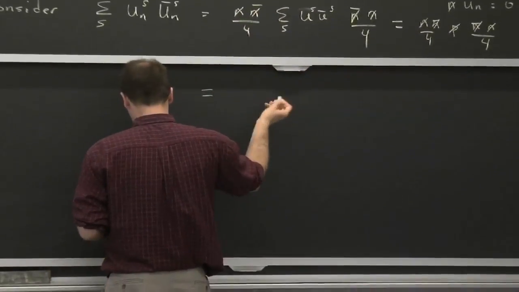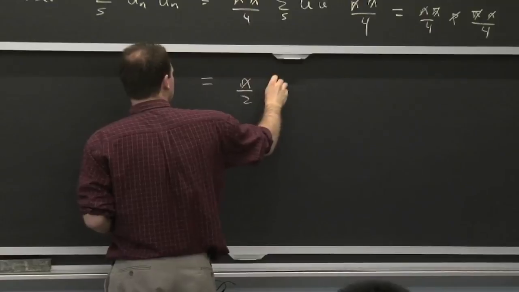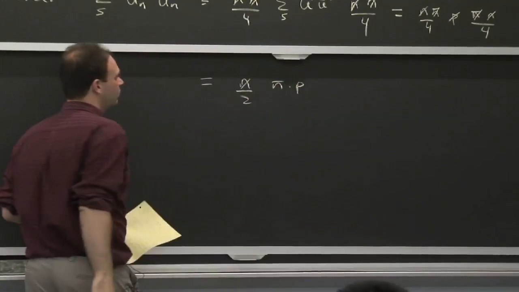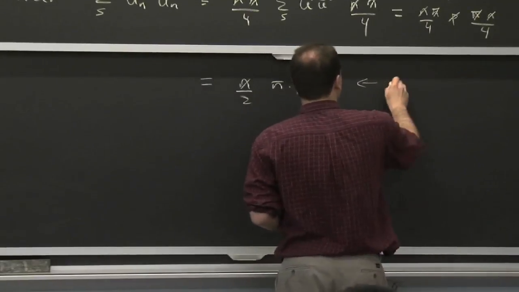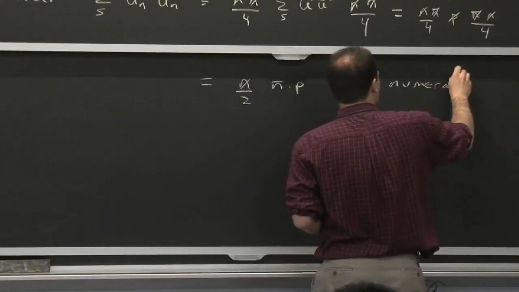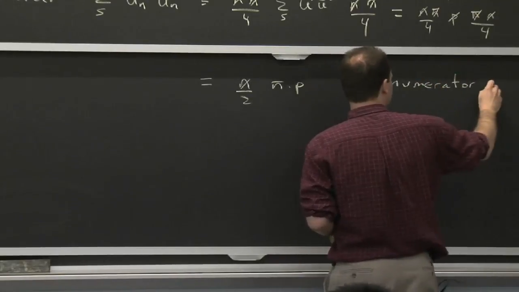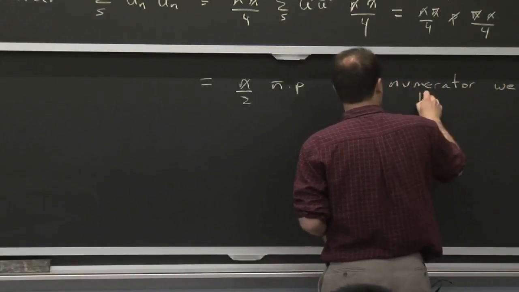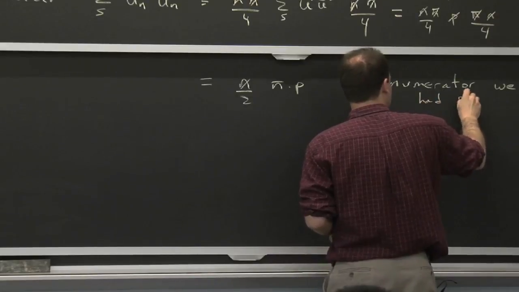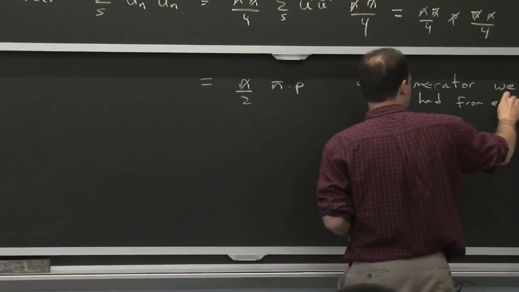And you can work out that that's exactly the numerator that we had before after a little bit of Dirac algebra. So that part works as expected.